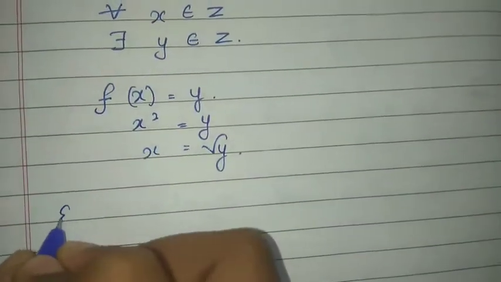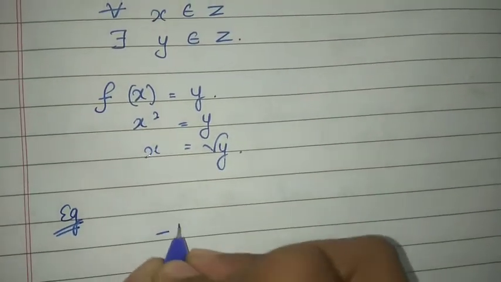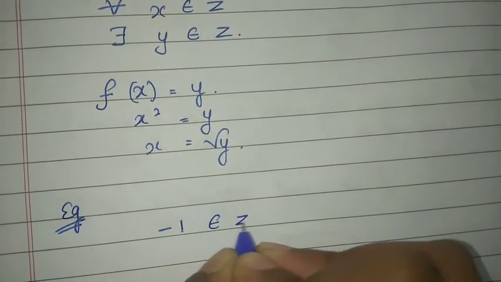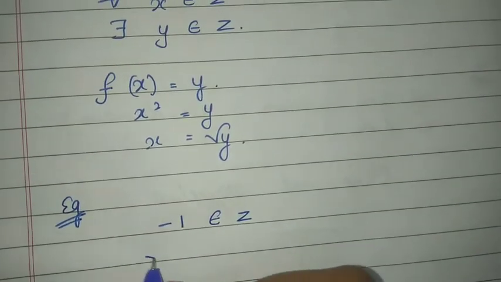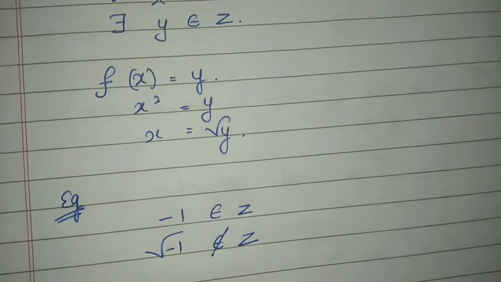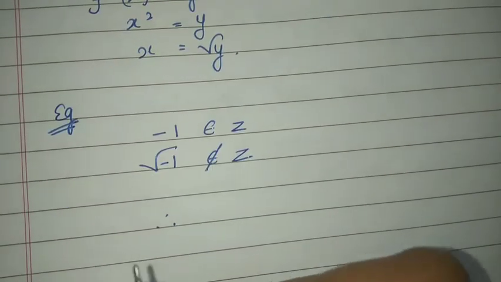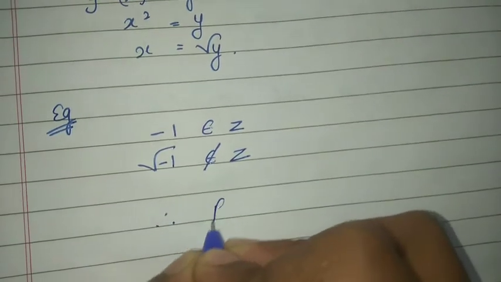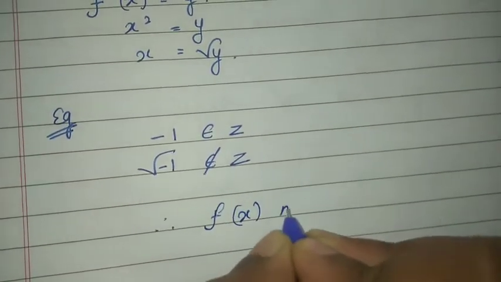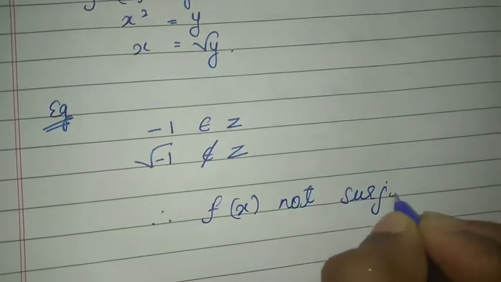But in case minus 1 belongs to Z, does root of minus 1 belong to Z? No. Therefore, root of minus 1 does not belong to Z. Therefore, we will say that f of x is not surjective.